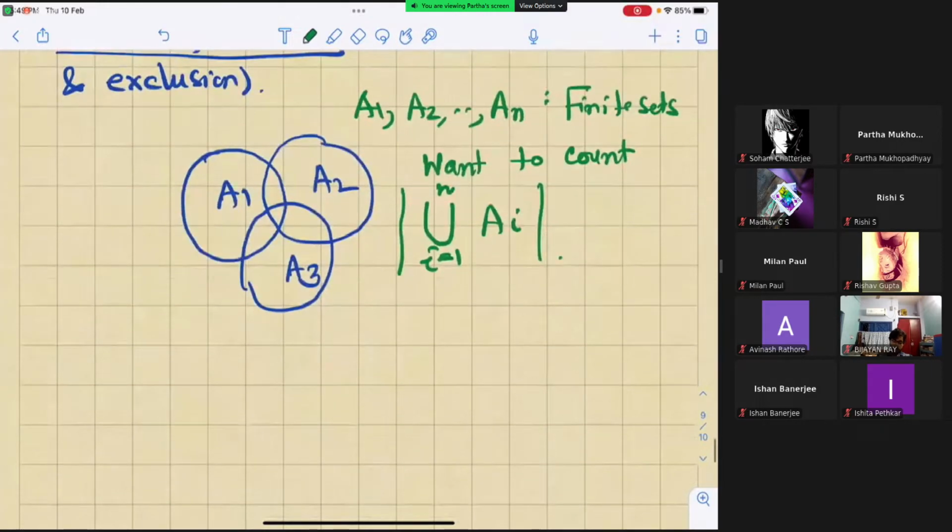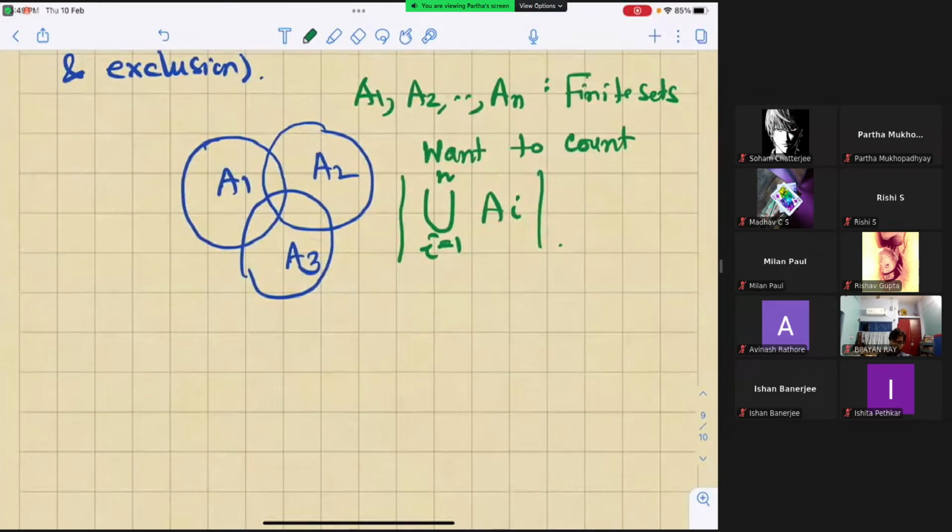I guess this is also probably known to some of you, but let me just state it as a theorem. You can play with some Venn diagrams and get used to what a possible theorem statement could be. I think it would be really boring to do that in the class.